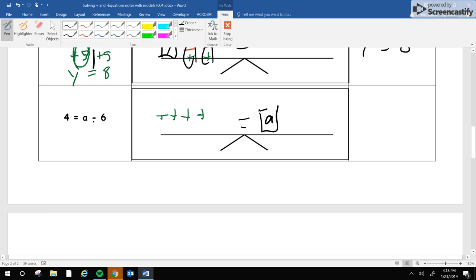And then I'm going to have minus 6, which means I'm going to have 6 minuses. So, once again, I want a by itself. So, I want to get rid of these 6 minuses. So, the inverse of minus is a plus.